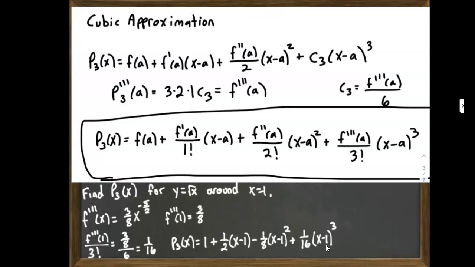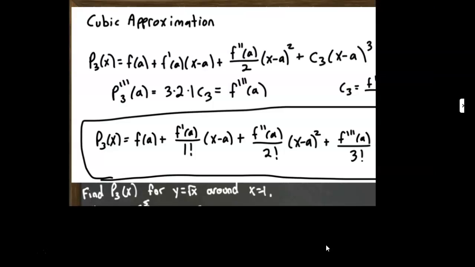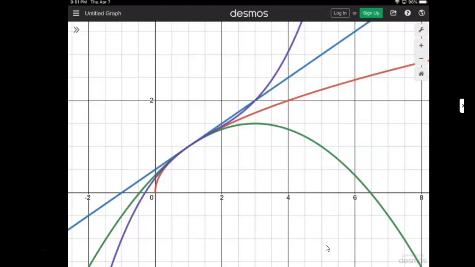The last thing I want to show you here, I hope it still shows up well when I come over to the graph, is here's my three approximations. Of course, the red graph here on this picture is my square root graph. The blue line is my tangent line approximation. The green graph here is my second degree approximation. And it's a little hard to see because they're all starting to kind of blend together here a little bit.